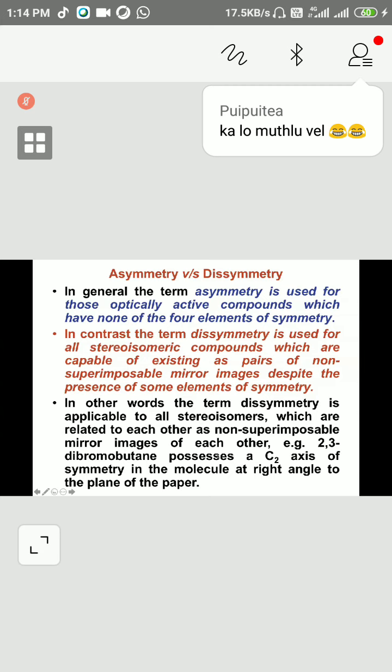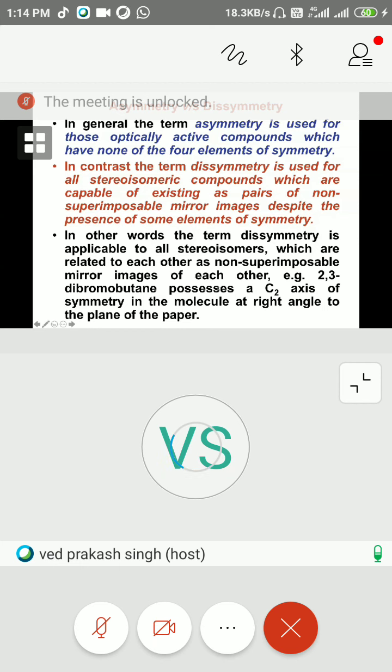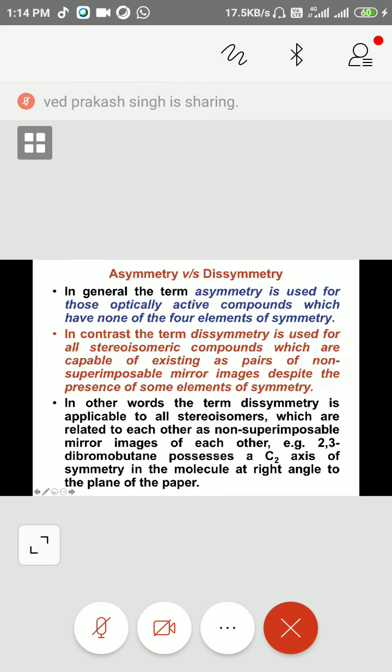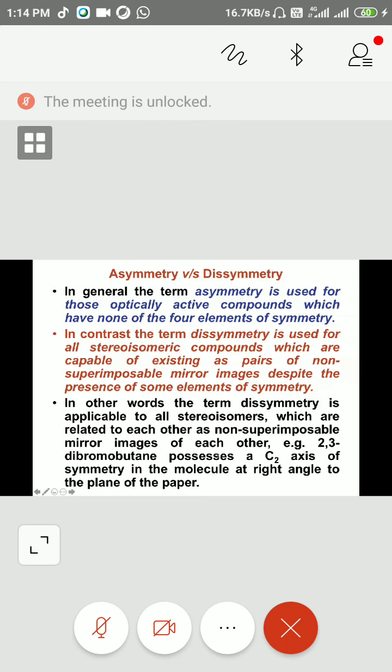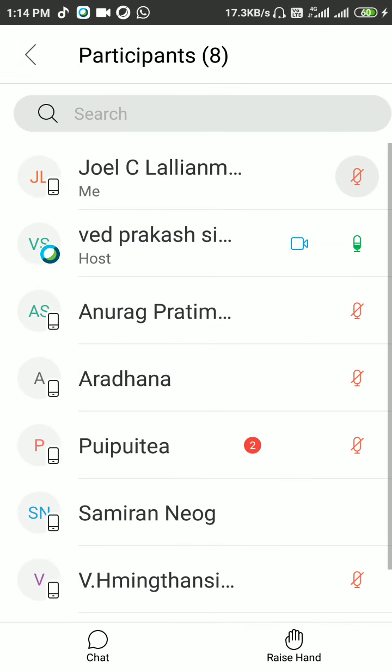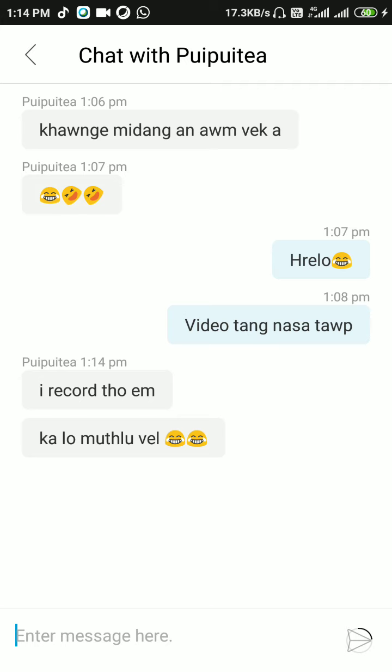This is one example, the structures of these two. You can see this molecule first. Rotation by 180 degrees, so what will you get? This will be here, this will be here.